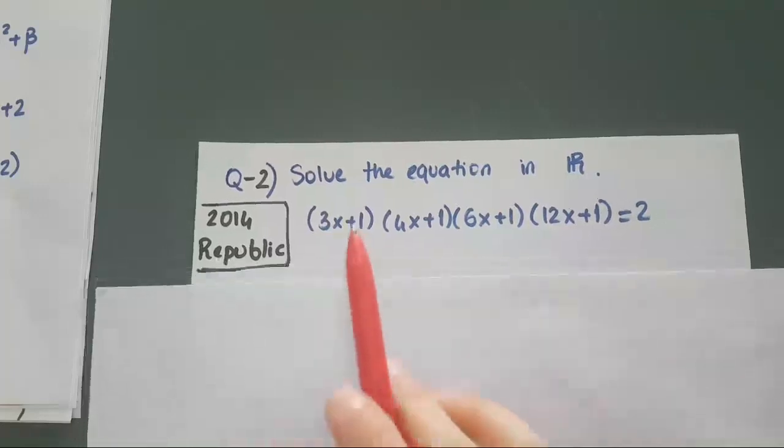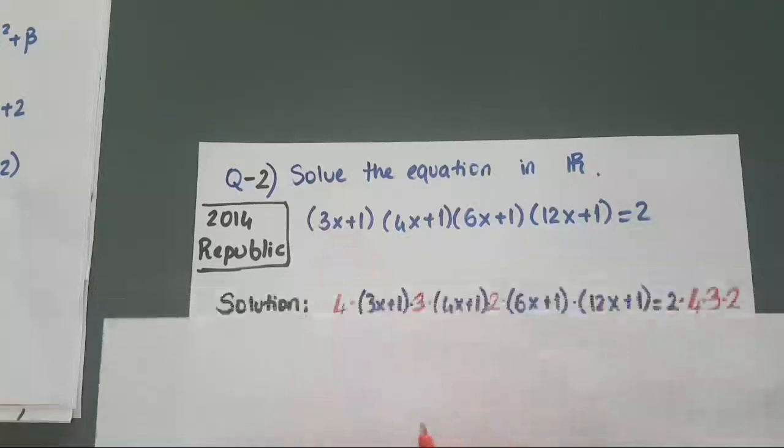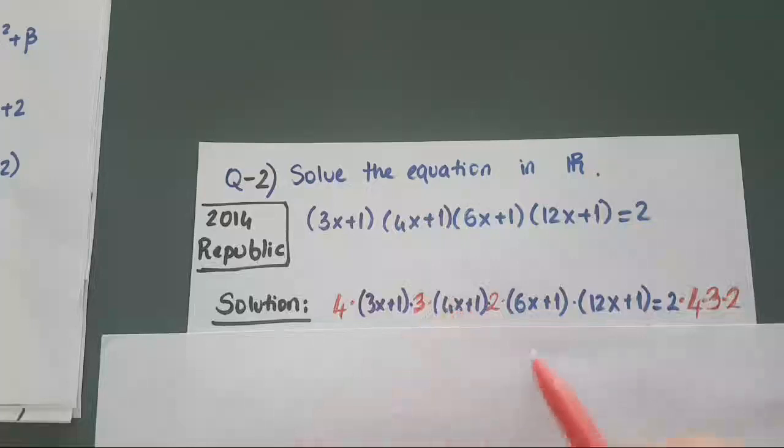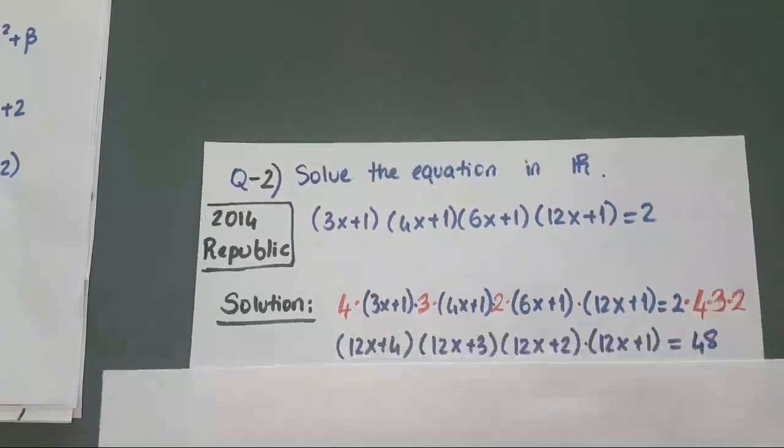So can I multiply the first factor by 4, the second factor by 3, and the third factor by 2, and just copy the fourth factor down? It is equal to 2. Remember, if you multiply the left side of the equation by 4, 3, and 2, you have to multiply the right side as well. So 2 times 4 times 3 times 2. Let's see, what do we have now? We have 12x plus 4, 12x plus 3, 12x plus 2, and 12x plus 1 equals 48.